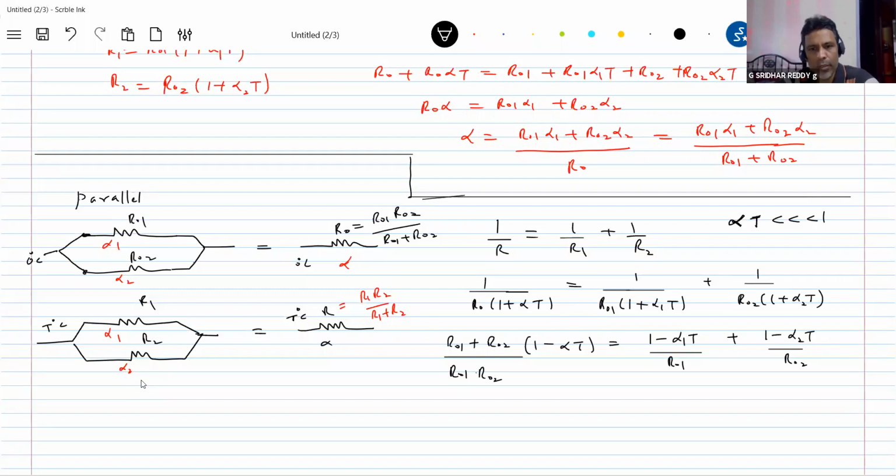Okay, simplify and get an expression for alpha in terms of alpha 1 and alpha 2.